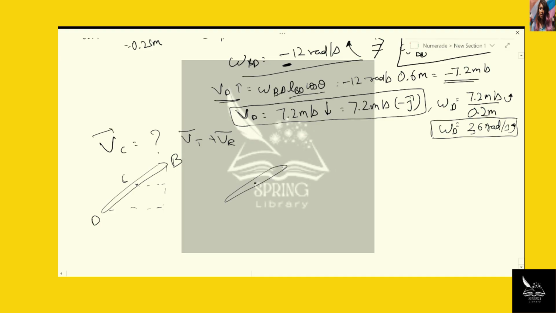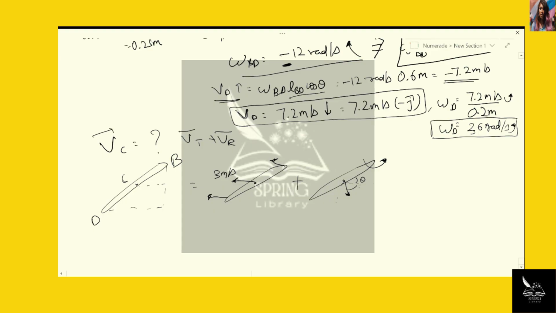And we know that translational velocity is same for all the points. And we figured out that this was 3 meters per second to the left. And then the rotational velocity at point C, we have figured out that the velocity is anti-clockwise. So this is going to point like this.